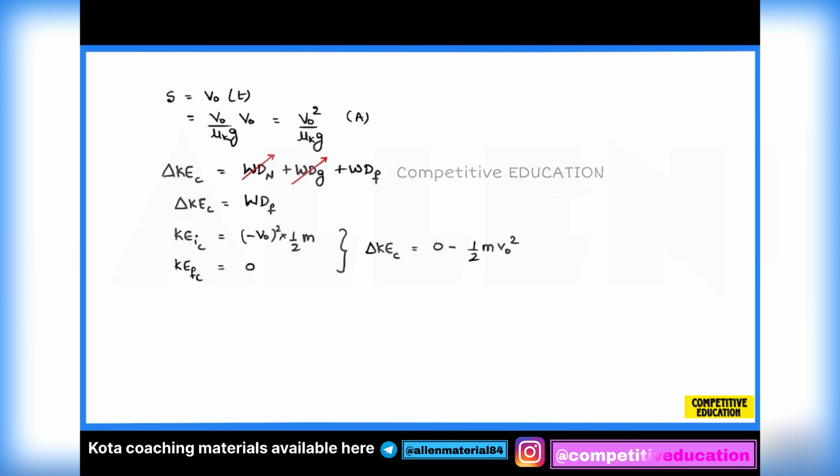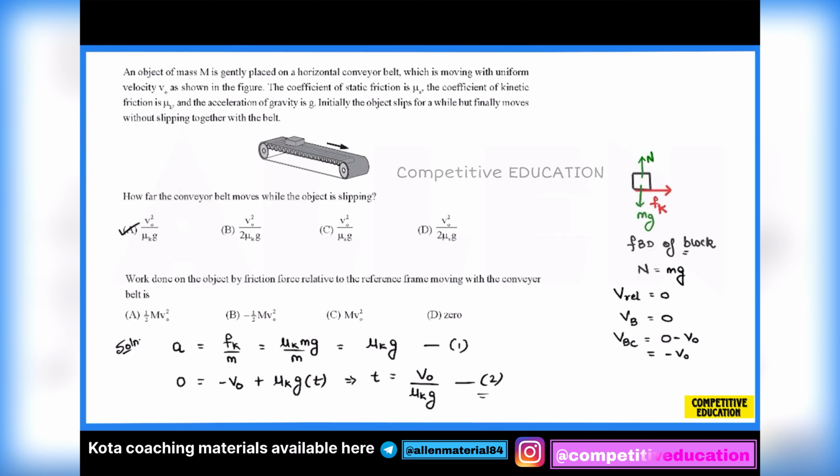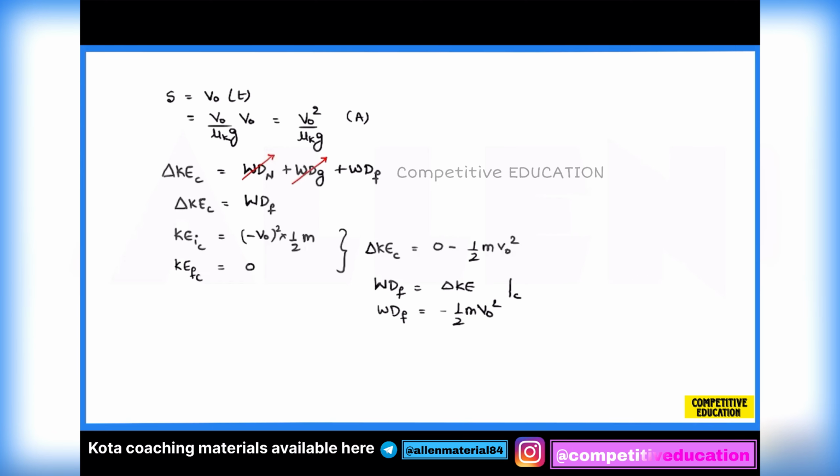Okay, so work done by friction will be change in kinetic energy, and these both are in frame of conveyor belt. So work done by friction in conveyor belt frame will come out to be minus half m v0 square, which is given in option B. So my option B is correct for this question.